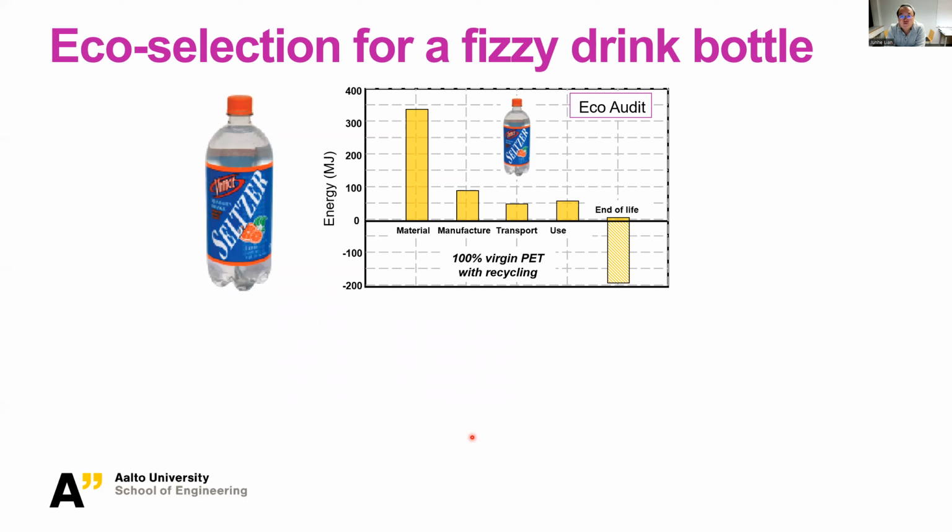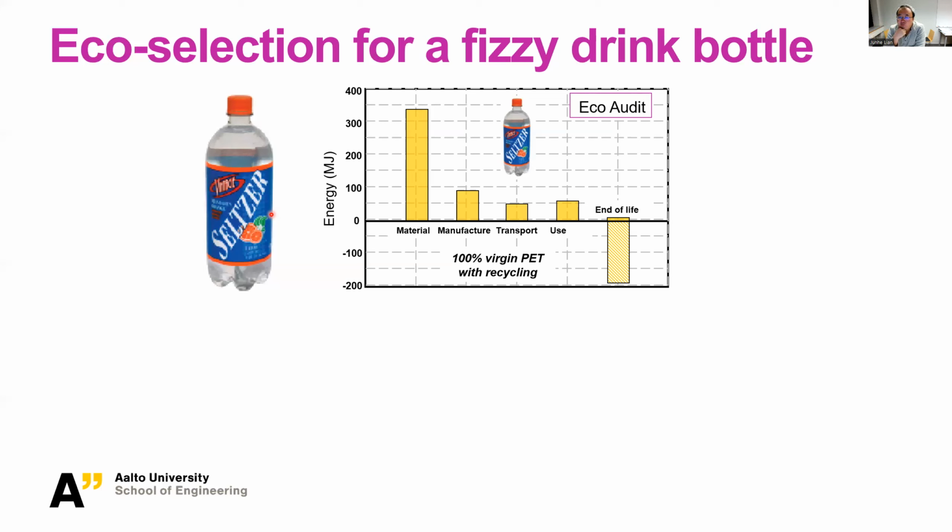So the example is about the eco selection for a fizzy drinking bottle. So looking like this. So it's not just a normal bottle. This is the bubble water, so the water with gas. That gives certain strength requirements of the materials, as you will see in the following.